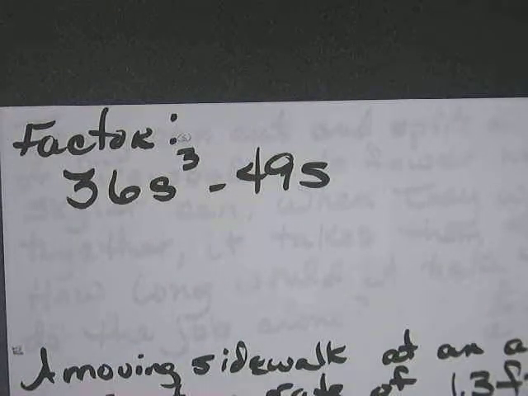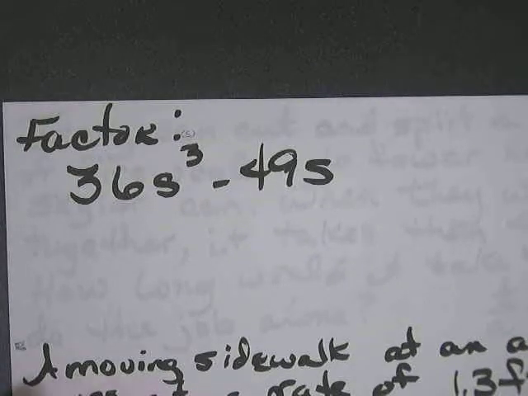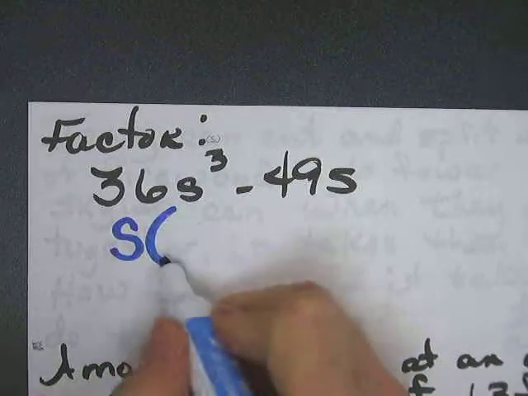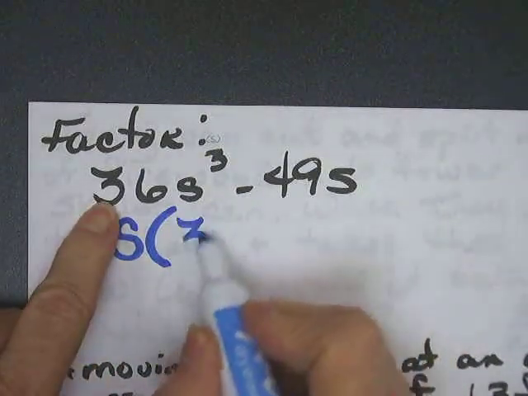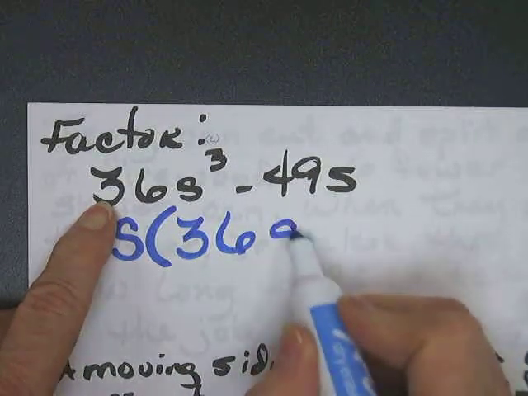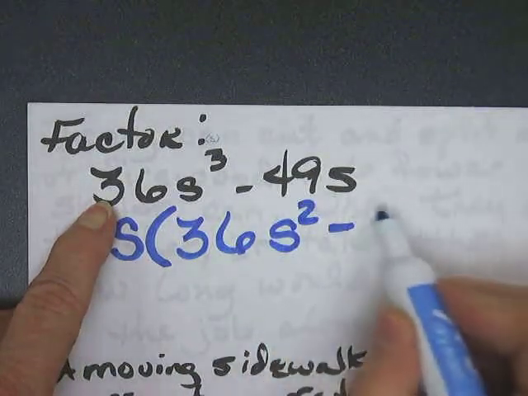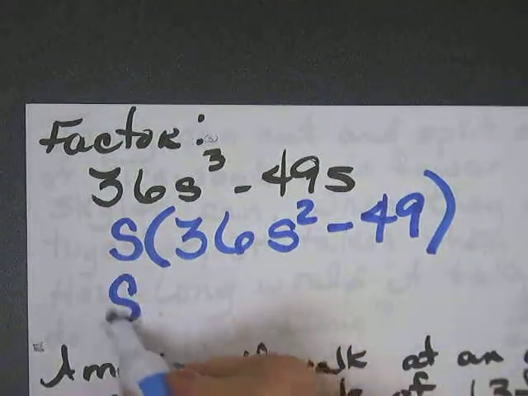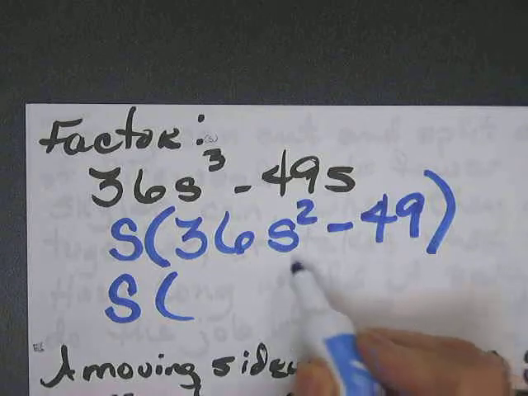Okay, let's factor. What's the first thing you look for when you're factoring again? No, first thing. Common factor. There is a common factor, there's an S. Yes, let's take that out of there. 36 what?